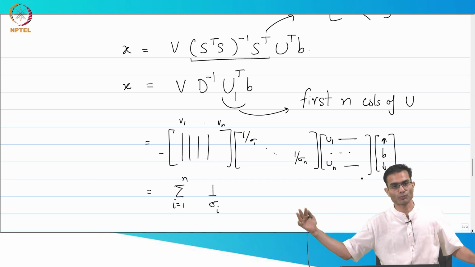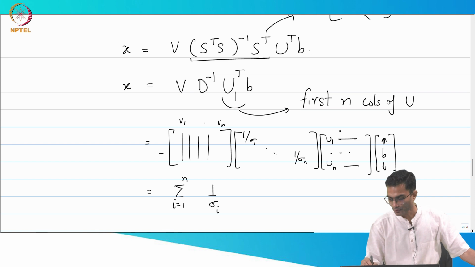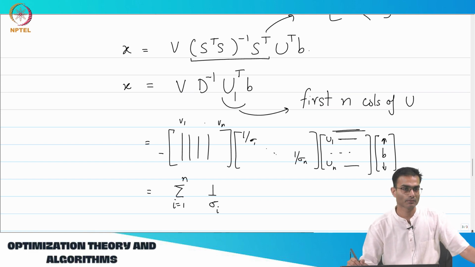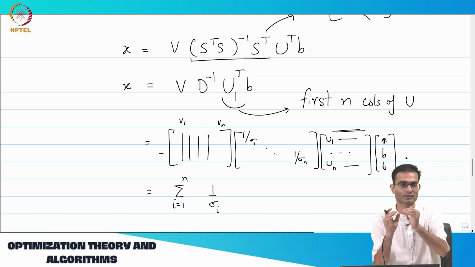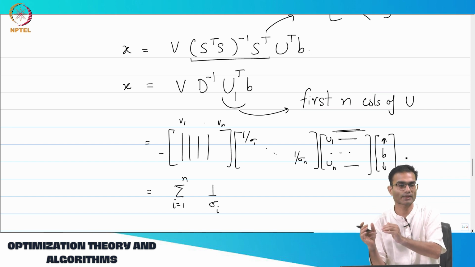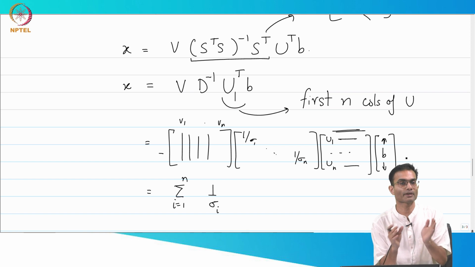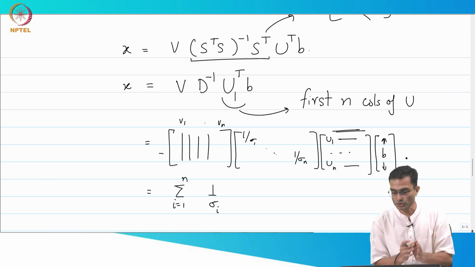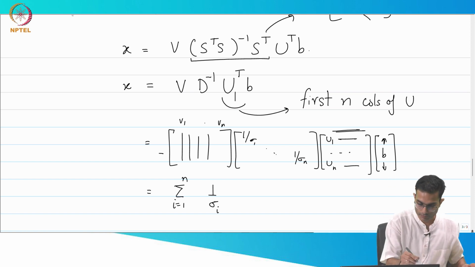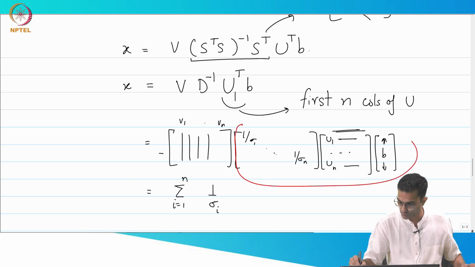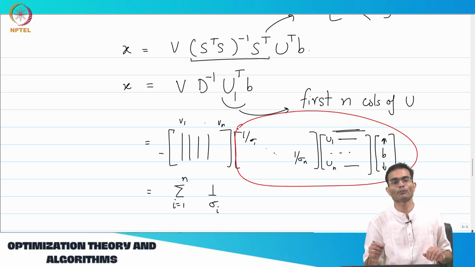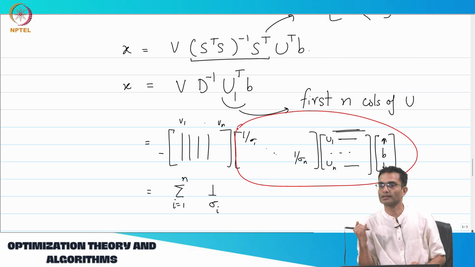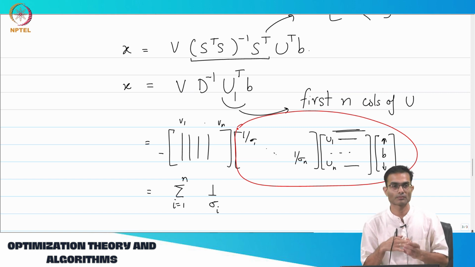Starting from the rightmost side, I have a whole bunch of row vectors that are getting multiplied by B. Those are going to form scalars. Those scalars are then getting multiplied by V. So imagine this whole thing over here should boil down to what? A scalar, a vector, or a matrix?